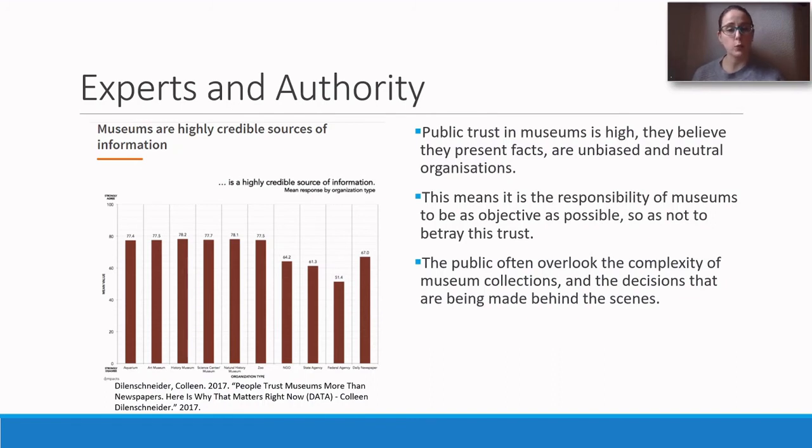Museums were significantly more trusted as credible. That's very important to consider when you're writing your interpretation, because it's your responsibility to maintain and earn that trust. It shouldn't be exploited. Everything you say should be well sourced, to ensure that we're not exploiting what's already there from the public. All these things affect what and how museums write their interpretation.